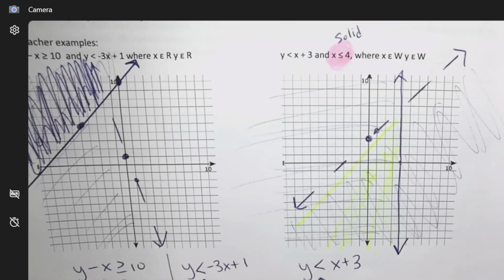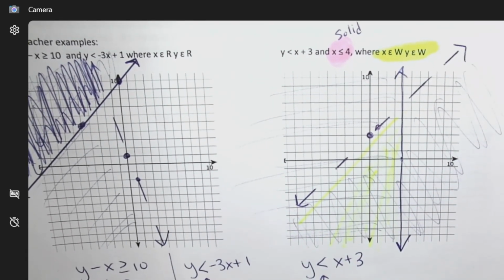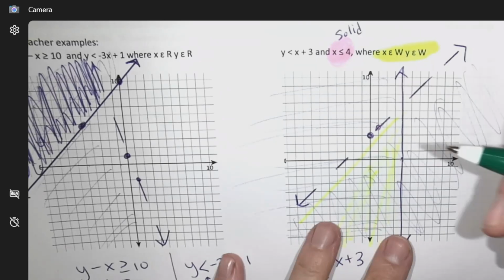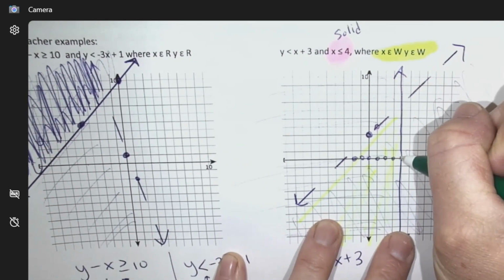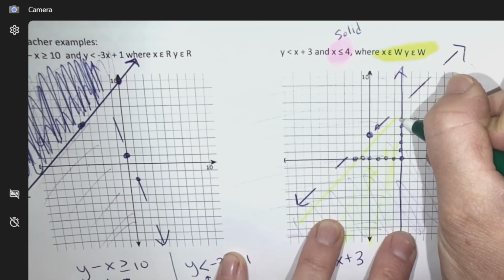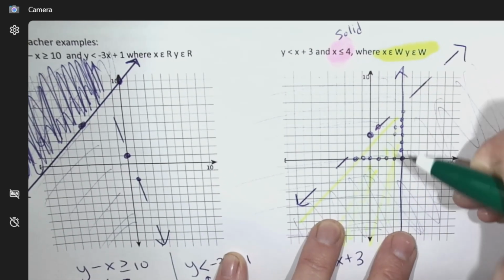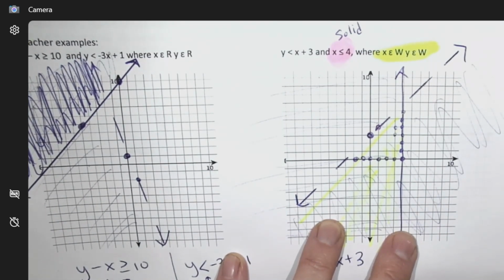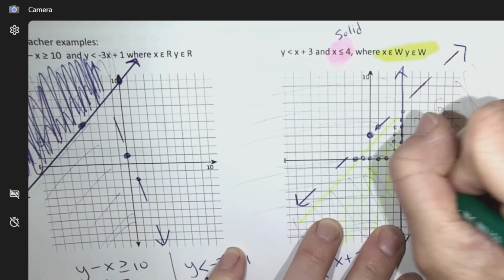But I threw you a trick, a curveball. Here's what your curveball is. You can only pick whole numbers. So the whole numbers that are in that zone are, I could be on this line, that's fine. Actually, no, those aren't even whole numbers. These are integers.